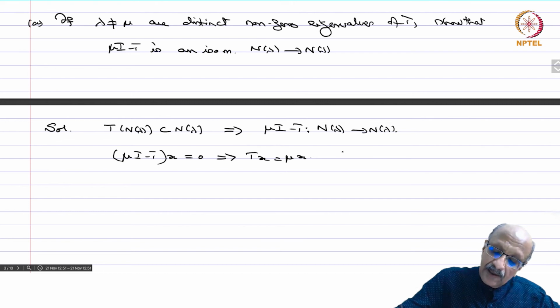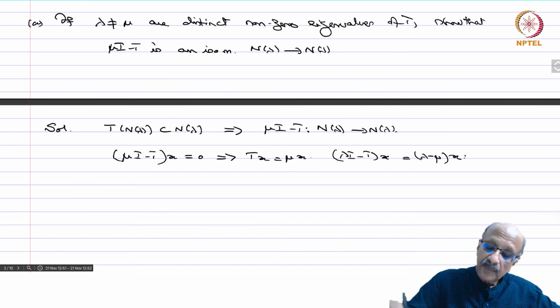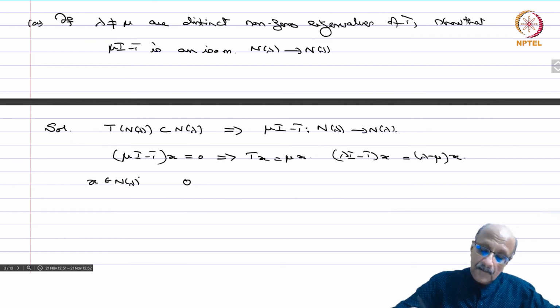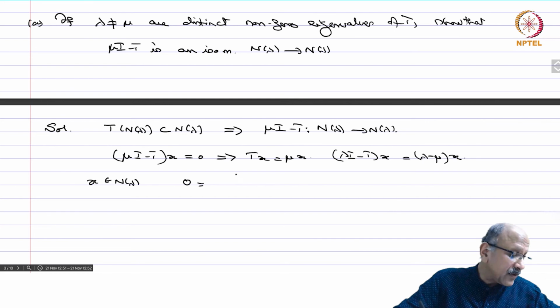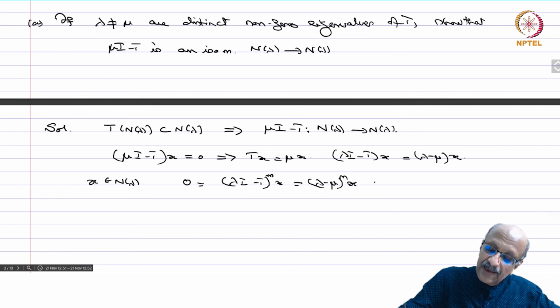So (lambda I minus T)x equals (lambda minus mu)x. Okay. And we know that x belongs to N(lambda), and therefore 0 equals (lambda I minus T)^M x, which is equal to (lambda minus mu)^M x, and lambda is not equal to mu, and therefore this implies that x equal to 0.